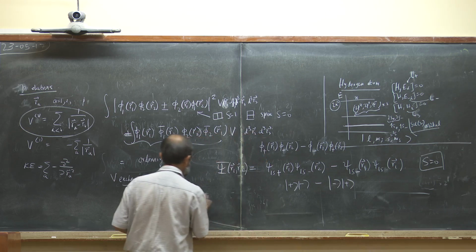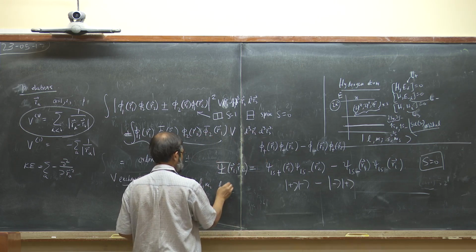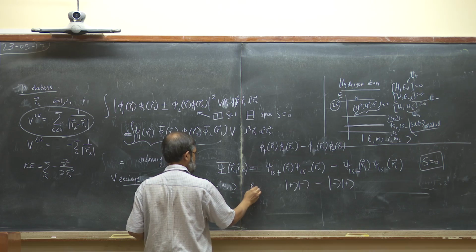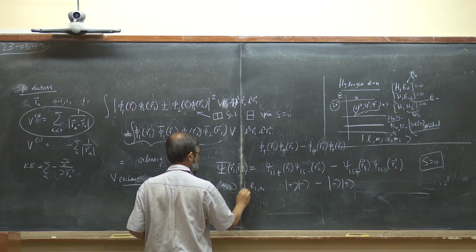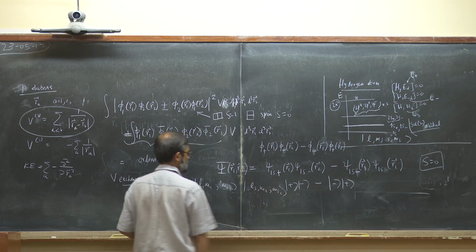So I should really have L1 M1 and MS1, and L2 M2 and MS2.